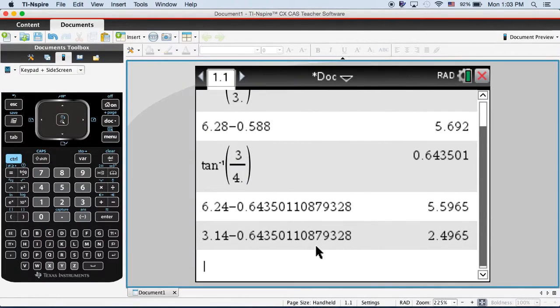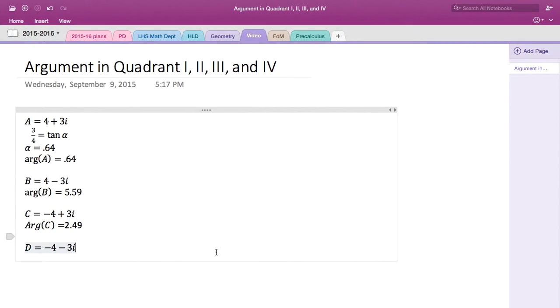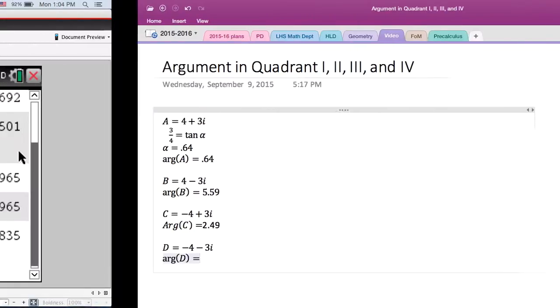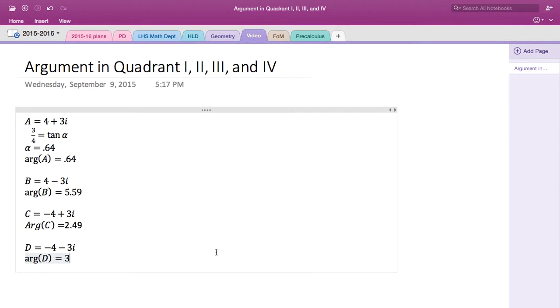So we're going to add 3.14 plus the same guy, which is 3.78. So the argument of D is 3.78.